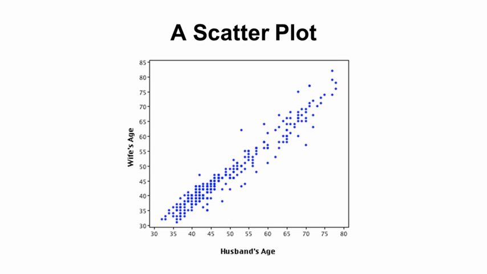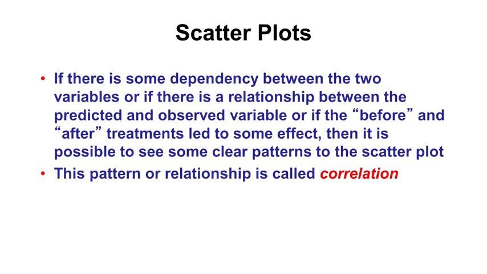But this is just showing a trend, and it's not perfect. And it's not expected to be perfect. So what you're really showing, or trying to identify with this sort of scatter plot, is a pattern, a relationship, or what we usually call a correlation.